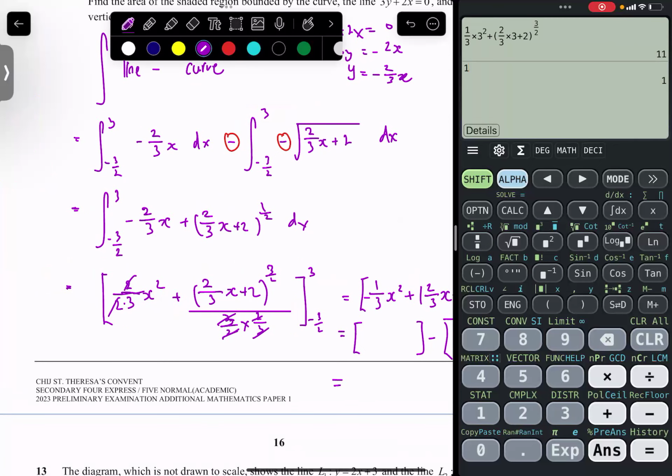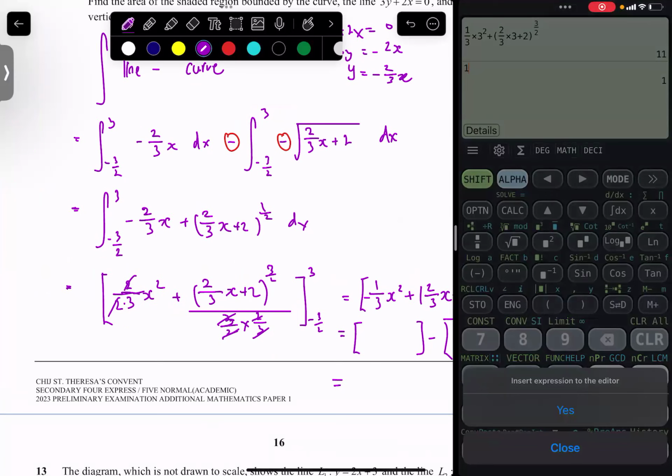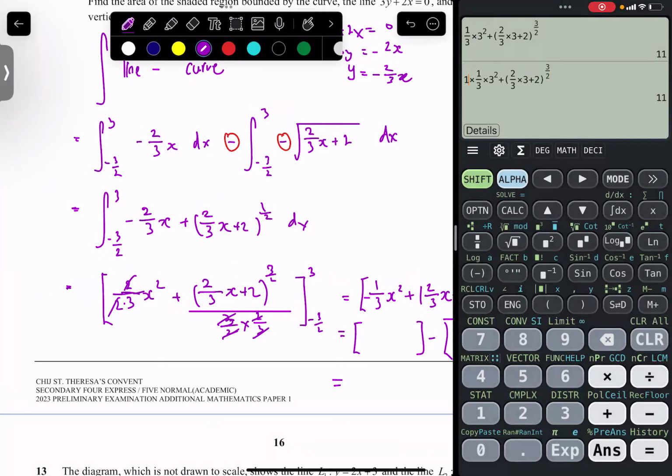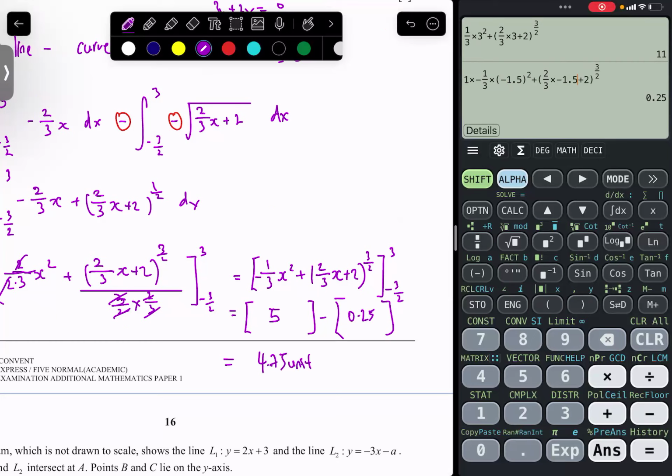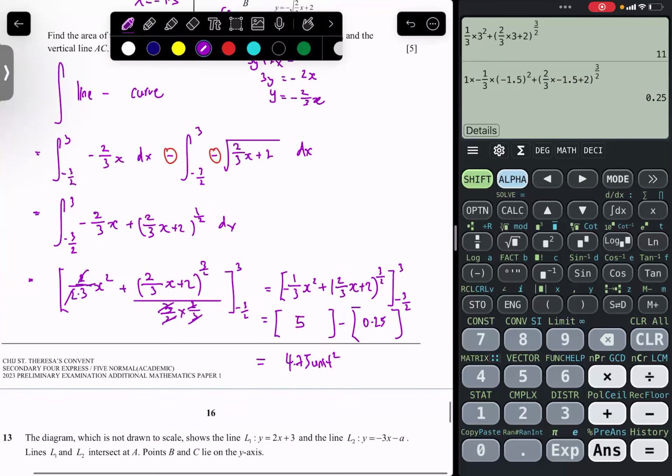Negative 1. Oh, wait, so this is 5. Okay, then this is negative 1.5. Okay, 4.75 meters. Okay.